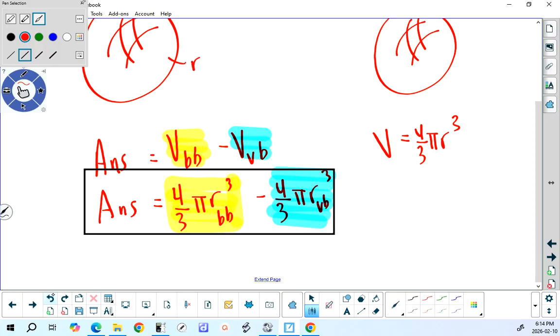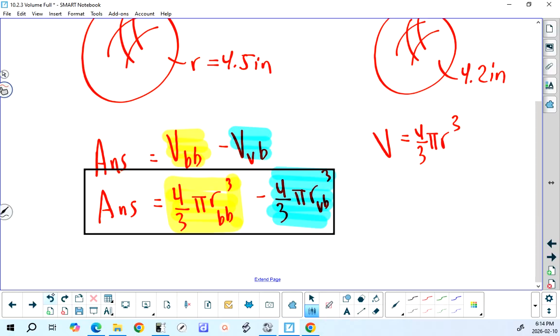This radius was 4.5 inches. This radius is 4.2 inches. I want to make sure I remembered them right, and I did.